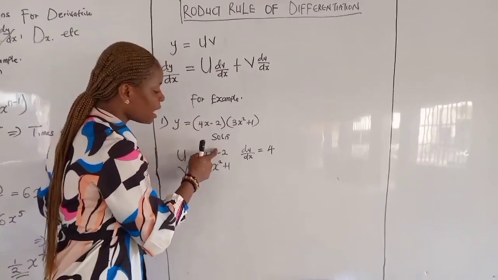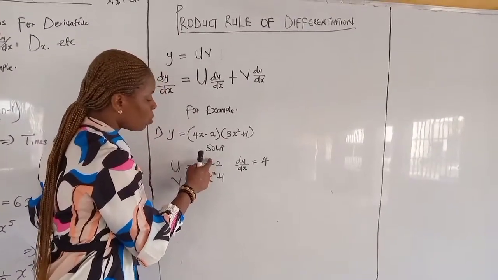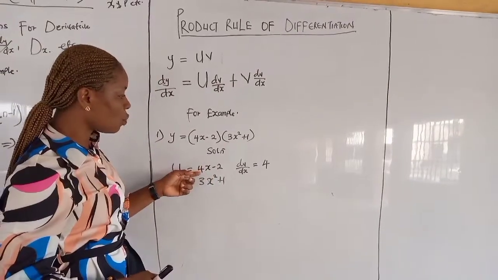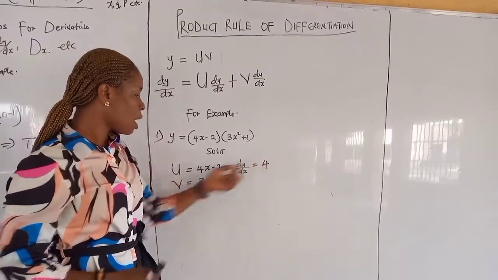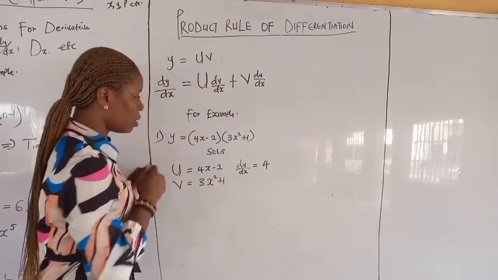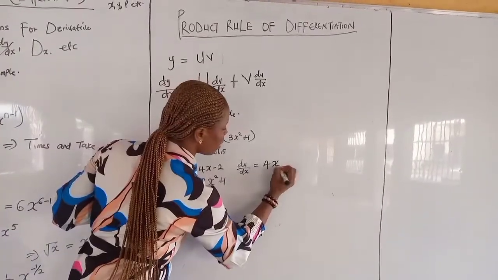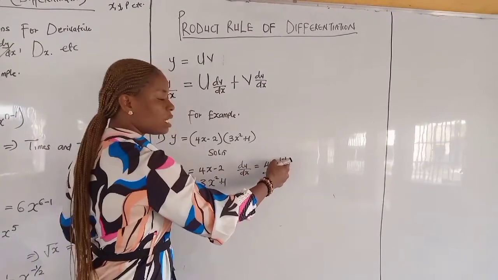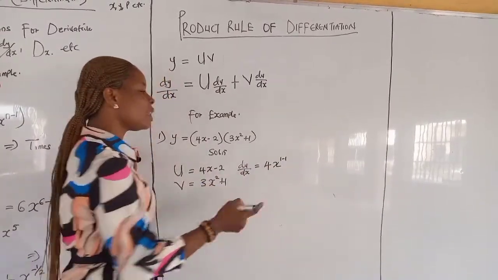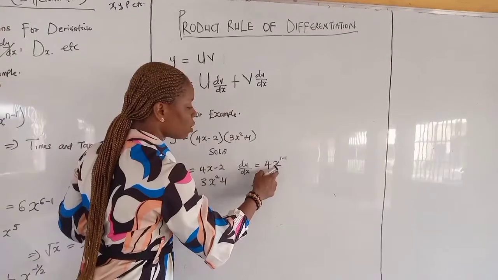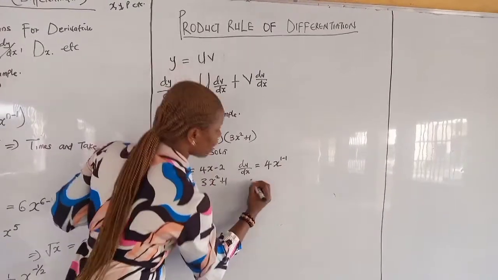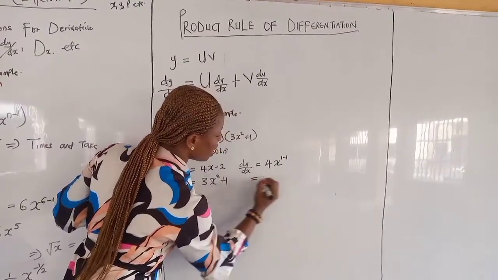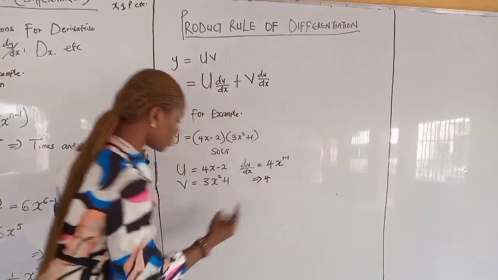So the power here is 1, and if you multiply 1 times 4, you will have 4. If you subtract 1, 1 minus 1 is 0, and anything raised to the power of 0 is 1. So this automatically is 1. So that my du/dx is 4.